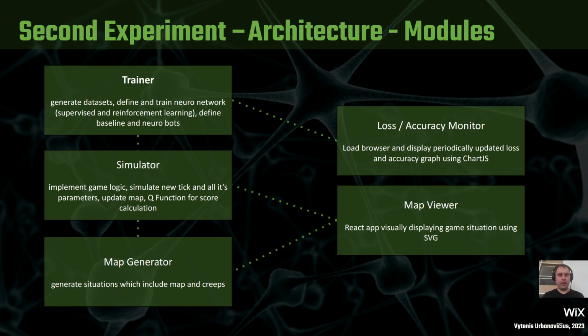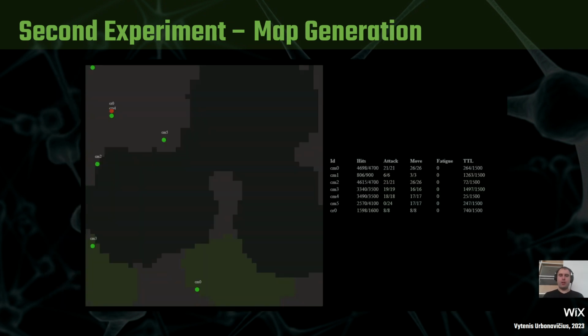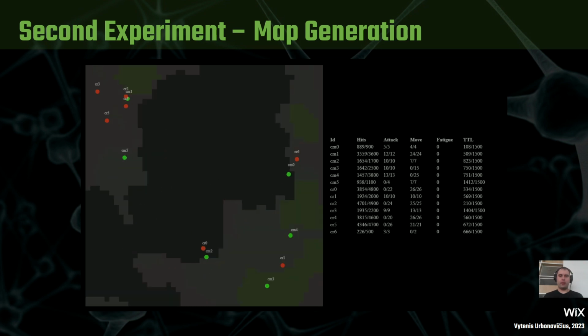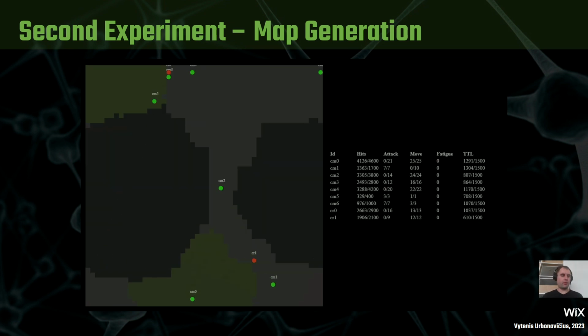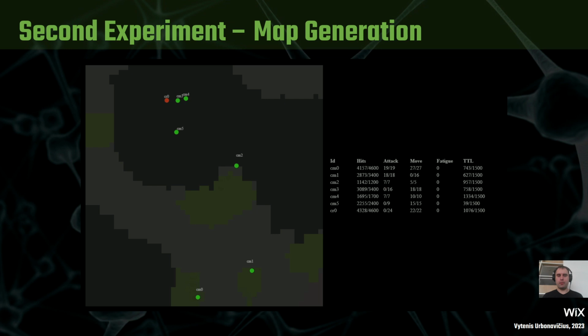And then I had another module which allowed me to monitor what happens if I make a couple of my bots fight each other. This was called the map viewer. Okay, so this is an example of what maps I was able to generate, just a visual example of how those generated maps look.